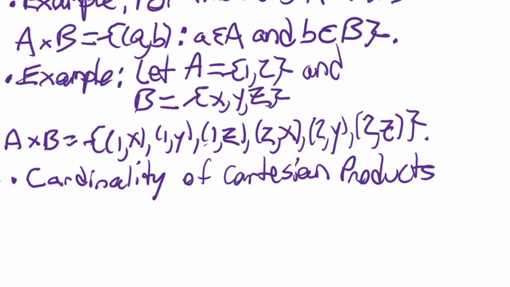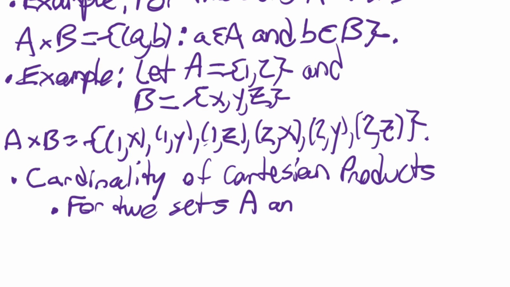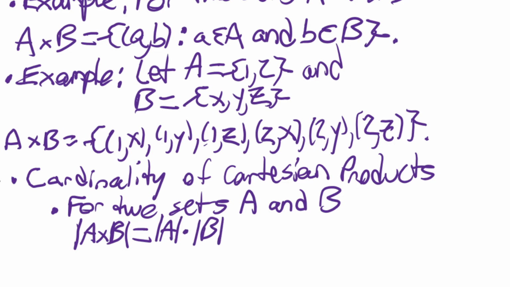So for two sets A and B, the cardinality of the Cartesian product of A and B is equal to the cardinality of A times the cardinality of B.